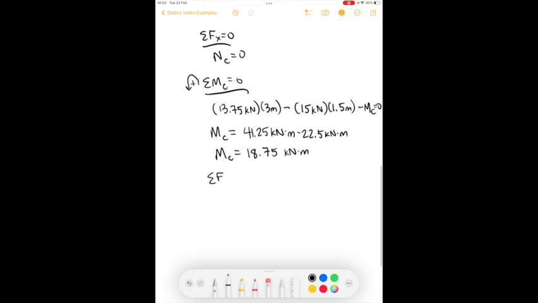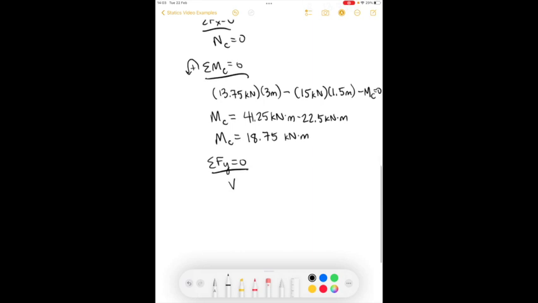And finally, we can take the sum of the forces in the y direction. So the shear force is upwards as we drew it. So we find that the shear force at point C, as we drew it, is 1.25 kilonewtons.